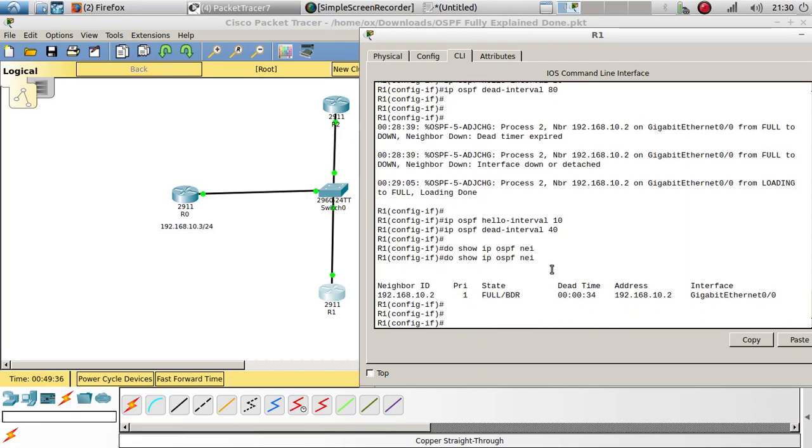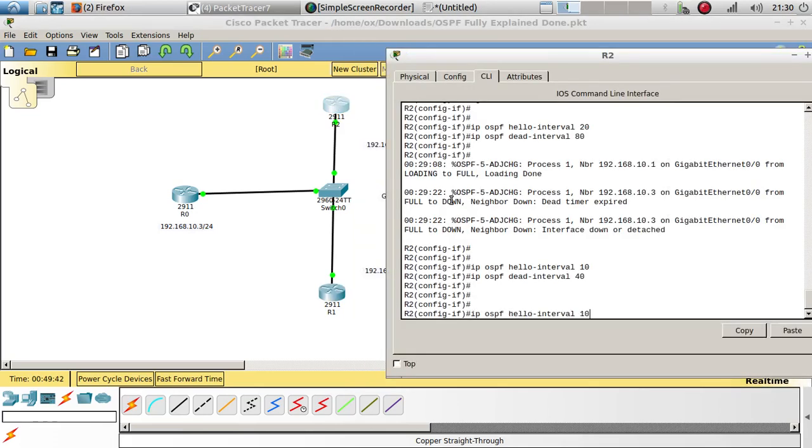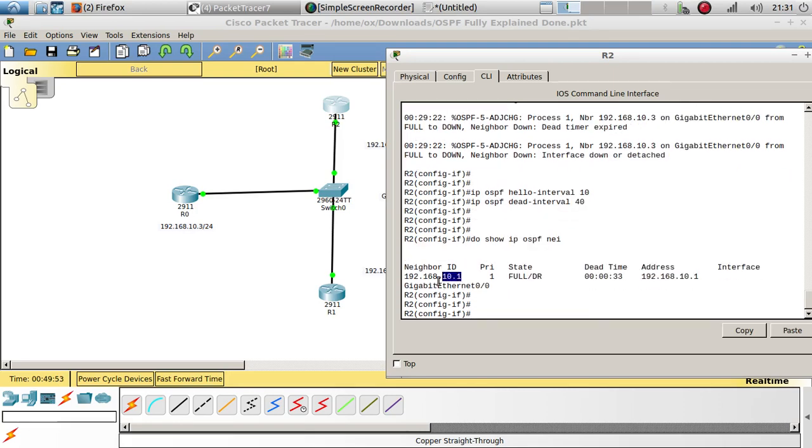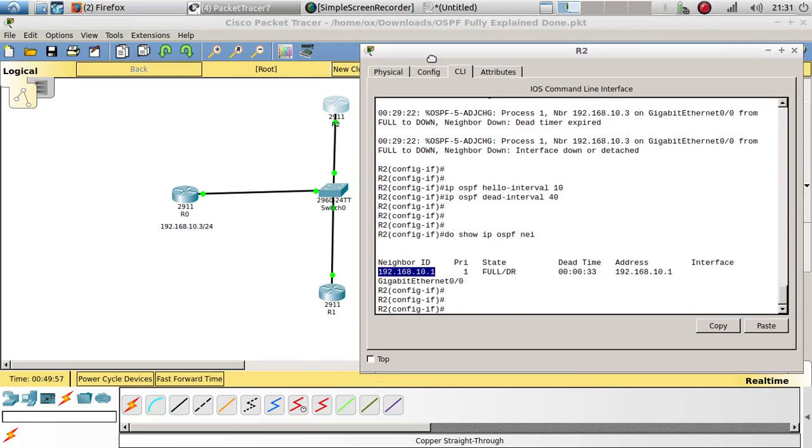Here we go. We have a neighbor relationship with router 2. Over here, if we do show IP OSPF neighbor, you can see that we have a neighbor relationship. Okay, so it is working.